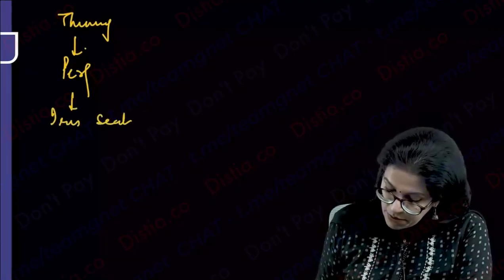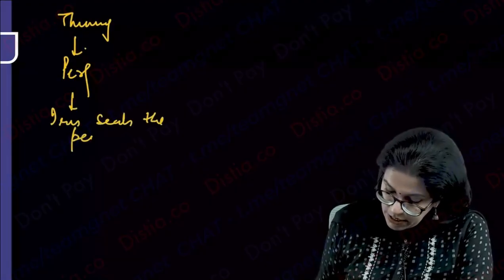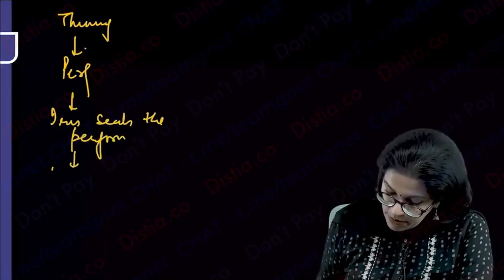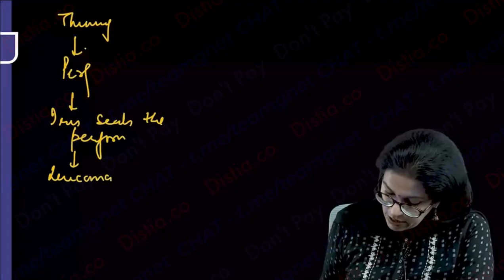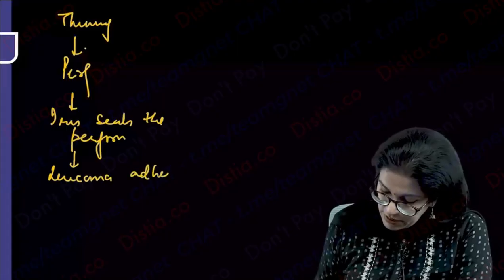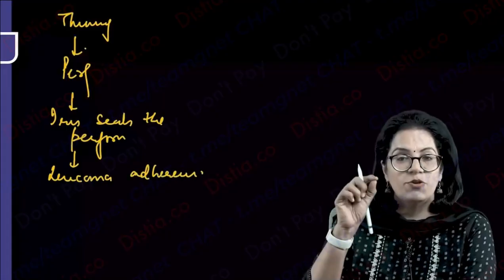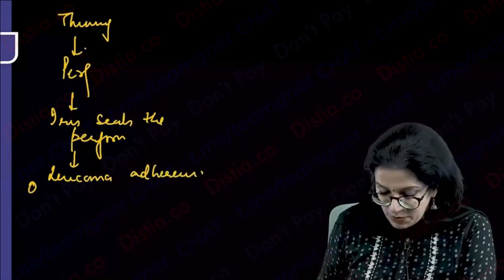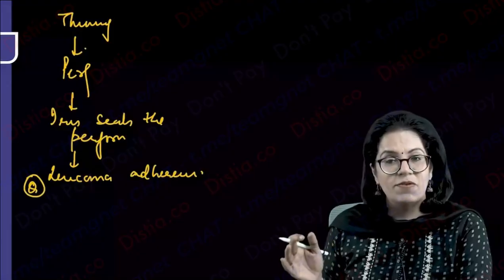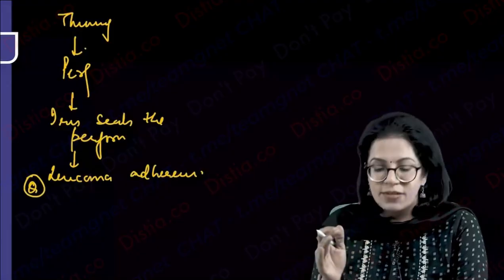Okay, so write it down here that iris seals the perforation, and this whole thing is what is called leukoma adherens. Right? Leukoma is opacity, adherens means the iris is adhered to it to block it. So this is the exam question. Leukoma adherens is a feature of, you will answer, perforating corneal ulcer.